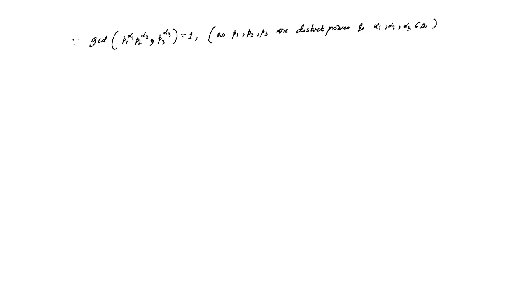Again, since GCD of p1 to the power alpha 1, p2 to the power alpha 2, p3 to the power alpha 3 is 1, you can check, because p1, p2, p3 are distinct primes and alpha 1, alpha 2, alpha 3 are all natural numbers.